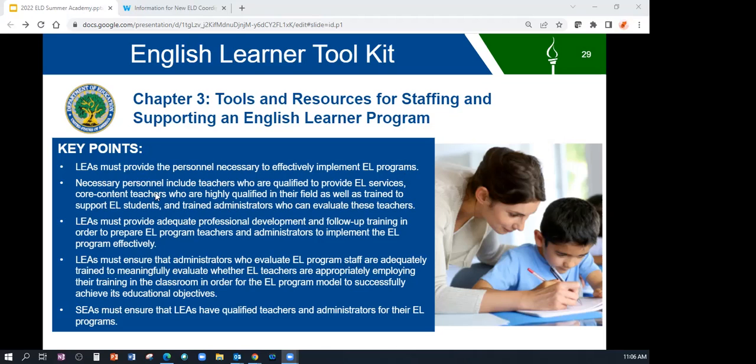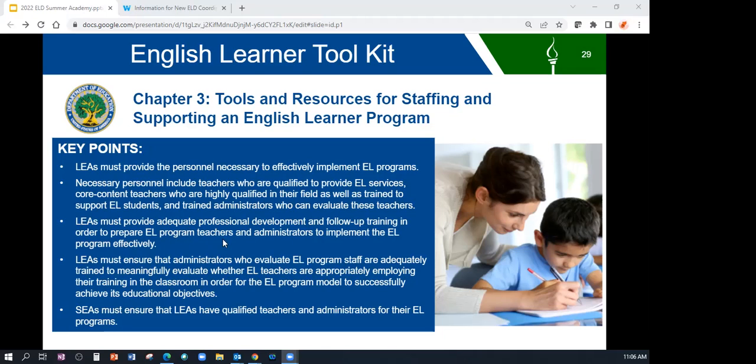The necessary personnel includes teachers who are qualified to provide EL services, core content teachers who are qualified in the field to train and support English learners, and trained administrators who know how to evaluate those teachers. So it's not just important that your teachers get trained, but your administrators need to also understand the program so that they can evaluate those teachers.